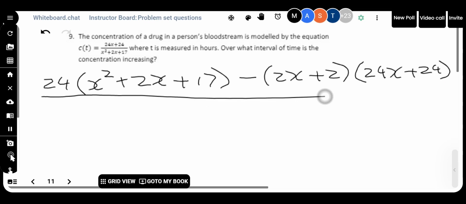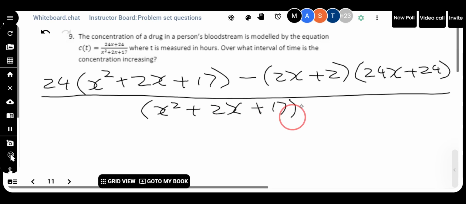And all of that is over the bottom squared: x squared plus 2x plus 17, all squared.